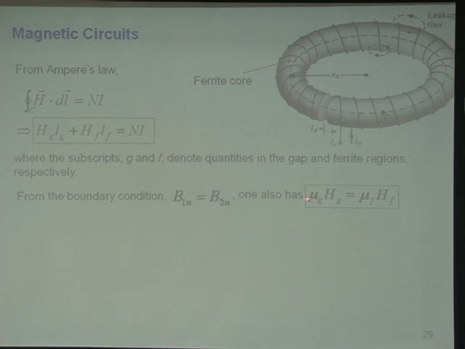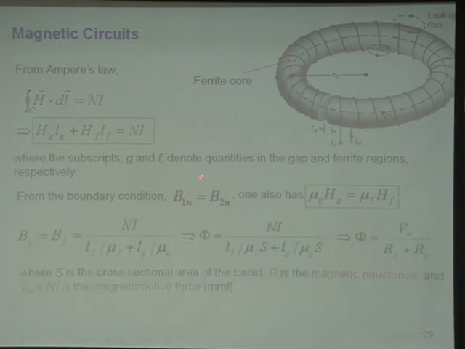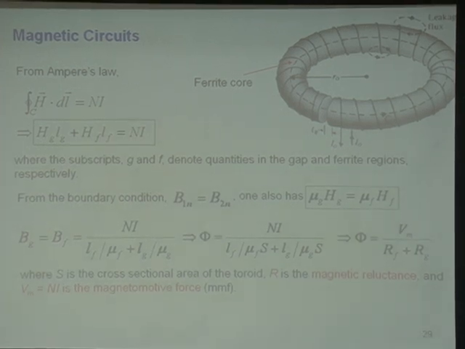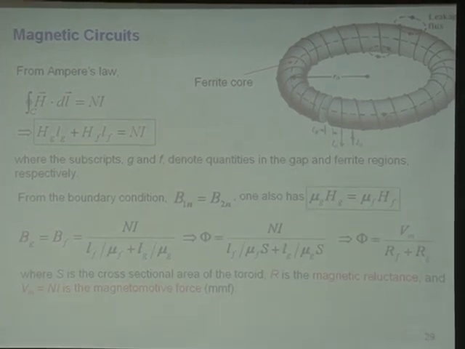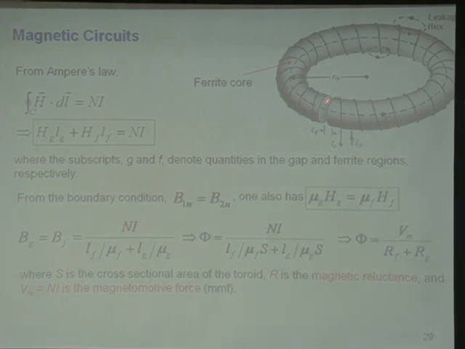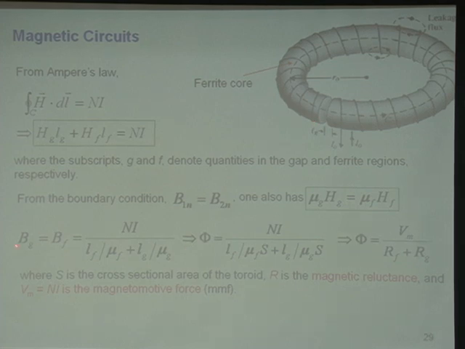With two equations, you can calculate the H field, and then with the H field, you can convert it to the B field. OK, you get this equation, which is algebraic manipulation. Then, if you multiply this B field with the surface area, you can convert this B into the magnetic flux across this area.